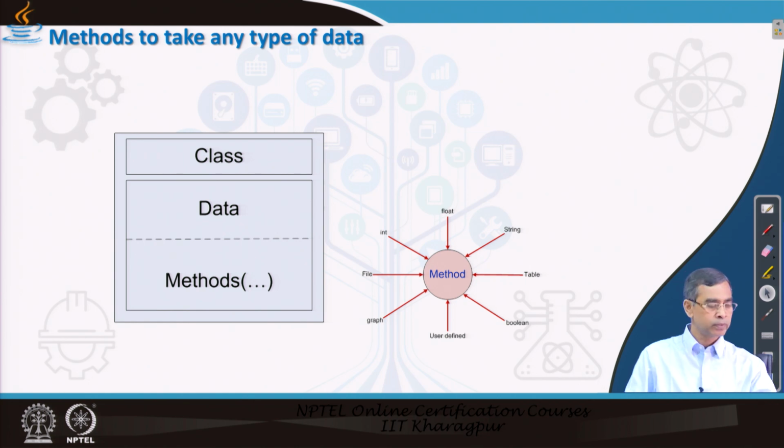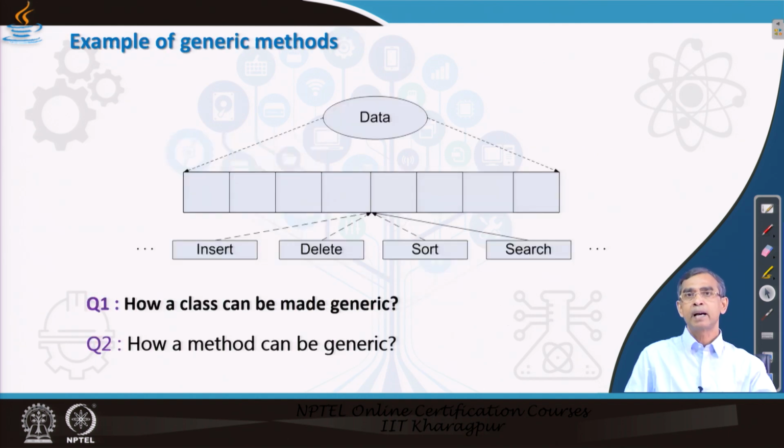You know that concept already, but here we want to think about this encapsulation concept again in a better way: how a class can be designed, or you can say a program can be written, so that irrespective of the type of data your program can cope with it. This means how it can be generic. So, a class can be made generic, a method can be made generic, where data can be of any type. So, this is the concept that is coming on the way.